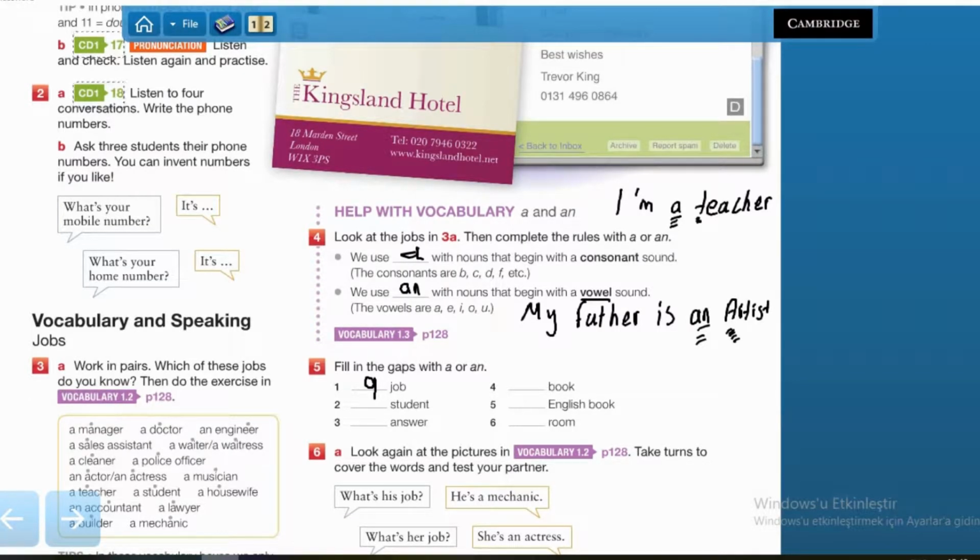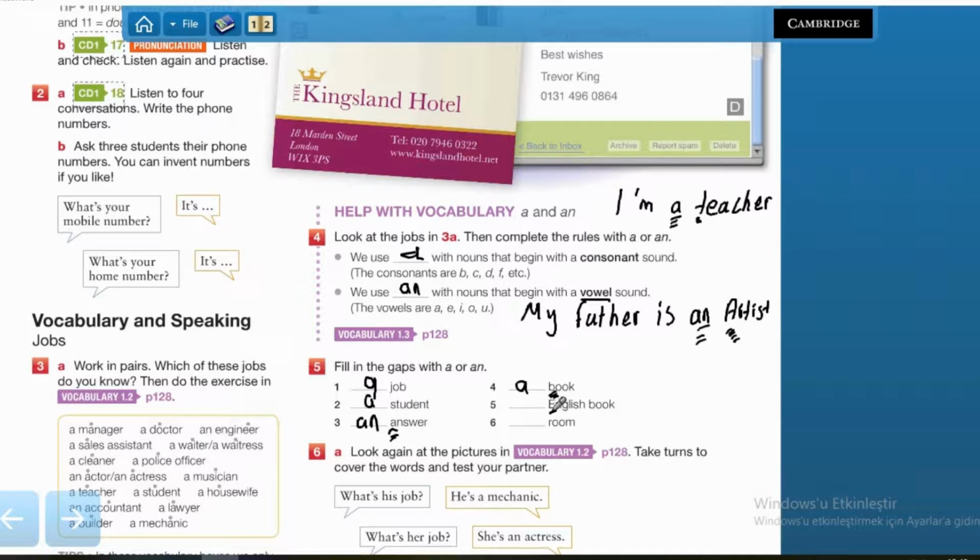Student. I am a student. Answer. Starts with a vowel sound, so we use an. Book. Starts with a consonant letter, so we use a. I have a book. English book.